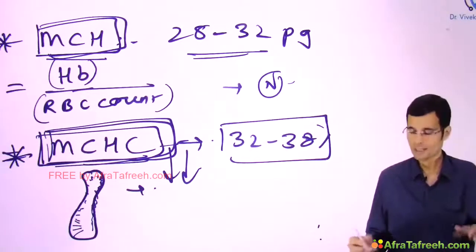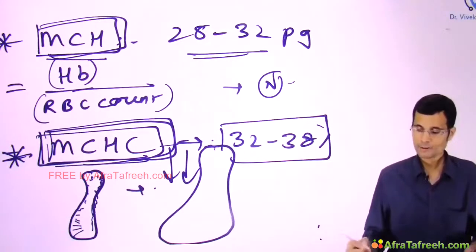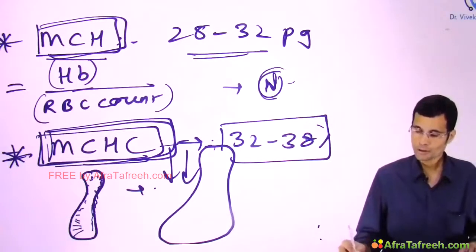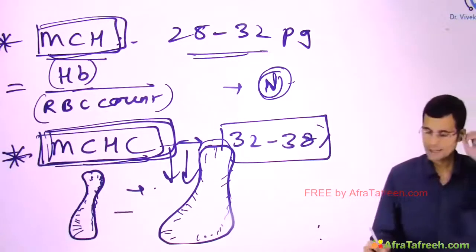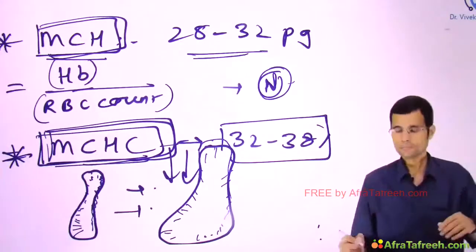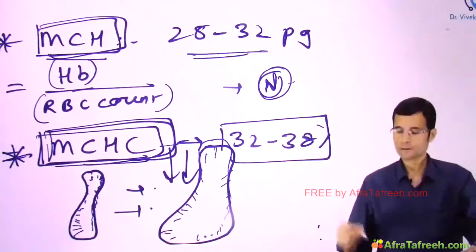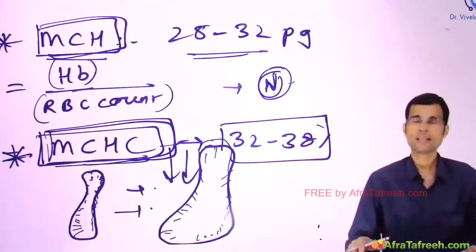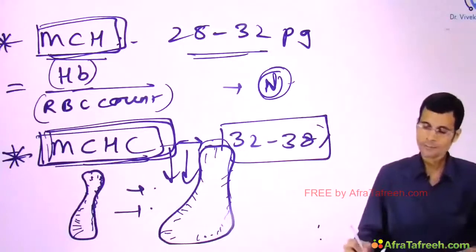That means what? That means RBC size has increased. A normal amount of hemoglobin, but because RBC size has increased, it saturates less of the cell. This is just a diagrammatic representation. So, MCH normal but MCHC reduced means macrocytic anemia, megaloblastic anemia, RBC size has increased.